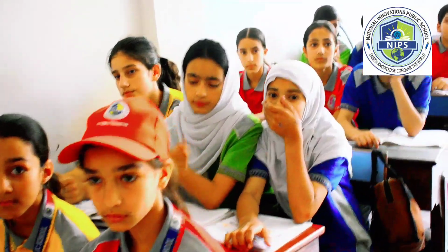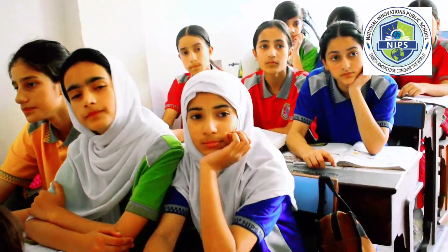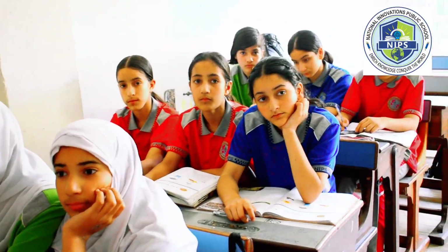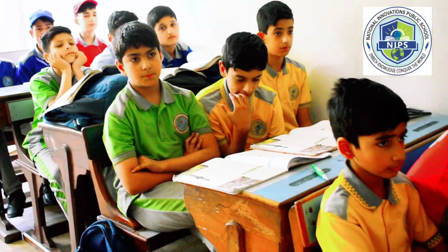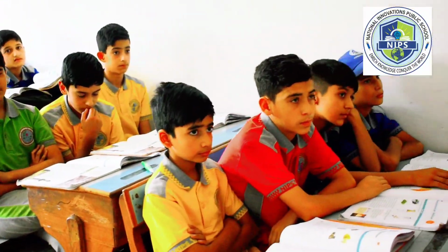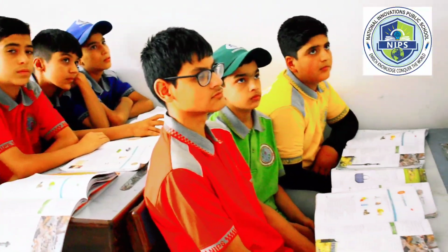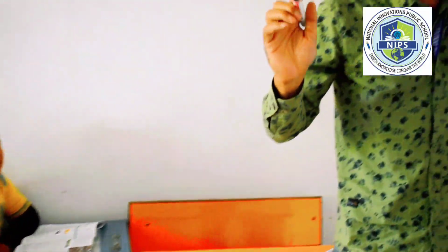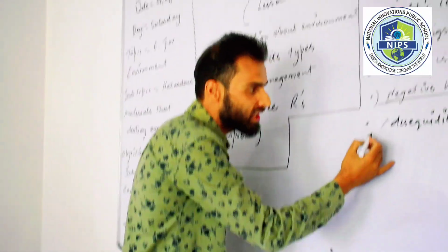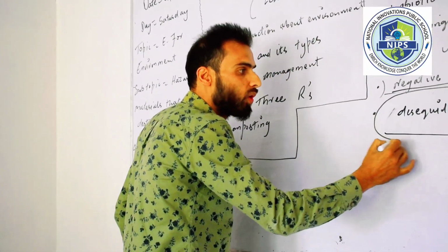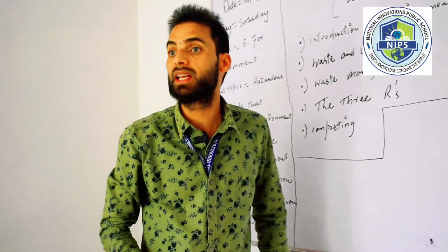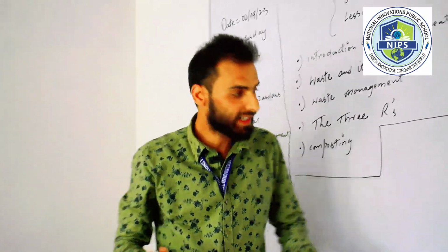Whatever components we have around us, whether biotic components like flora and fauna, plants, animals, fish, birds, plus abiotic components like air, water, land, minerals, rocks, we destroyed everything. And as a result, we reached a situation where our environment is totally in disequilibrium and instability.